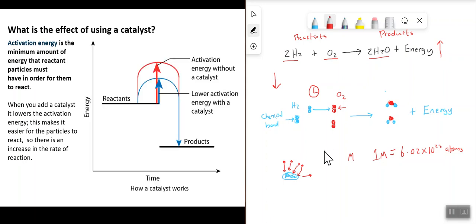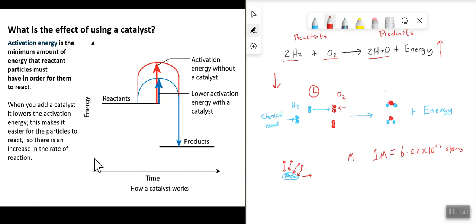A way to think about this is if we take these particles here, they have to physically come into contact with each other. But like what we've seen in the demonstration, they have to have enough energy in order for the old bonds to be broken and then the new bonds to be formed. So we can look at that from an energy point of view.